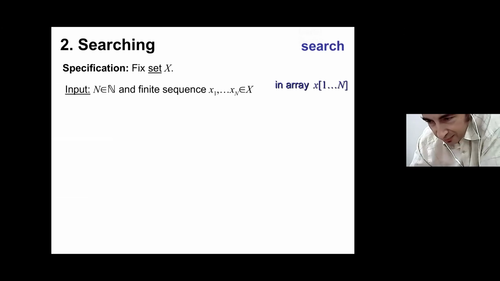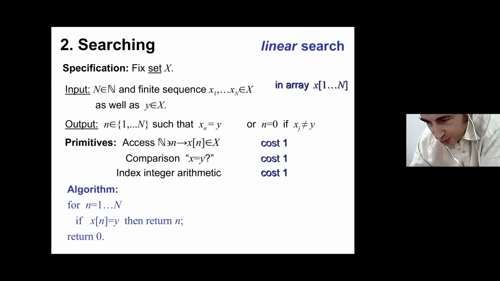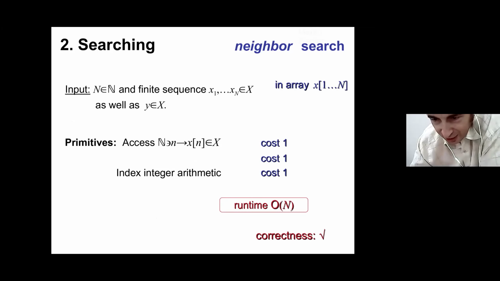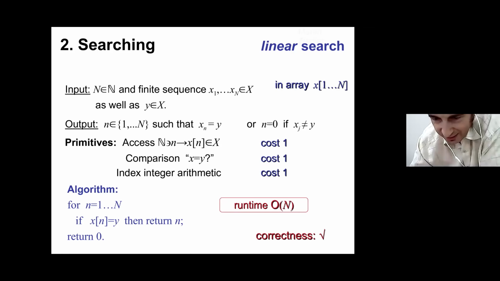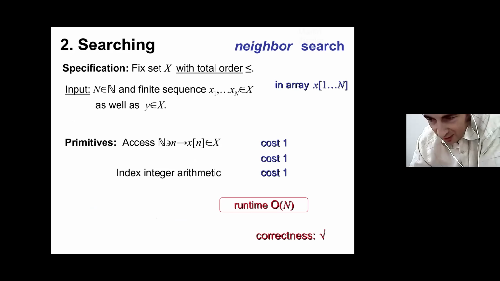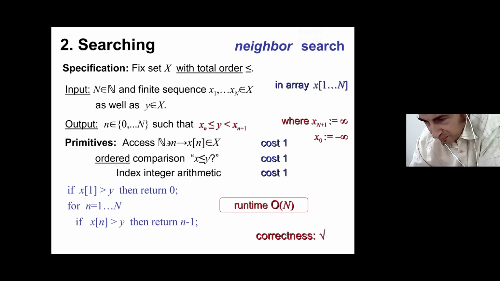The linear search was pretty naive. Go through the array from left to right and test with a given element. We said that this has linear cost. Then neighbor search was to find the index in an array whose element is a given element y.